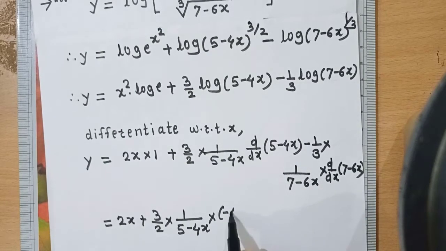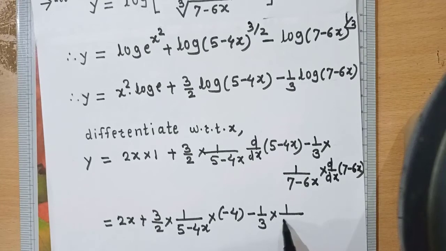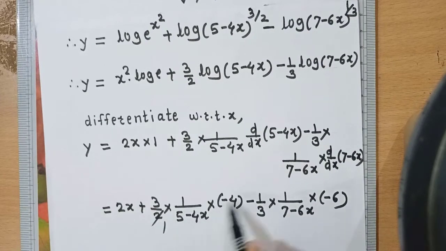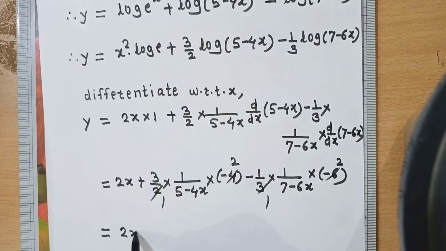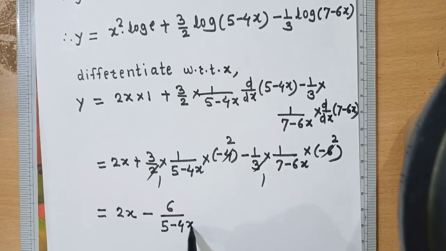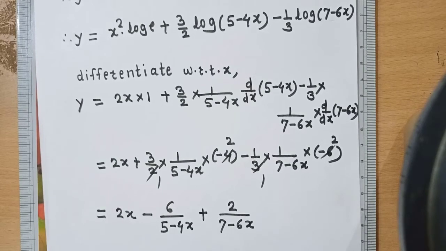Derivative of this is minus 4, minus 1 by 3, 7 minus 6x, and derivative of this is minus 6. Simplify: 2 ones are 2, twos are, 3 ones are 3, twos are 6. So final answer is 2x, 3 twos are 6 minus 6 upon 5 minus 4x, and minus minus plus 2 upon 7 minus 6x.